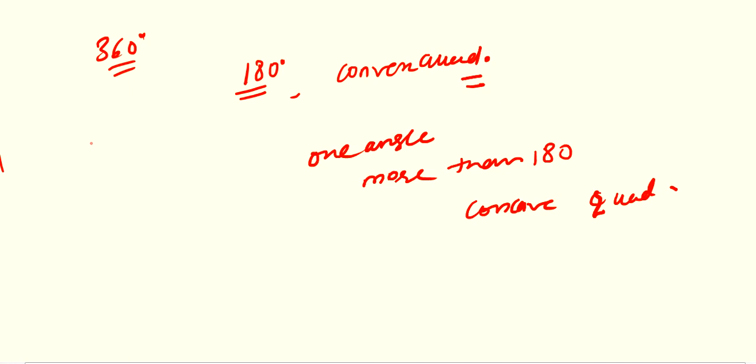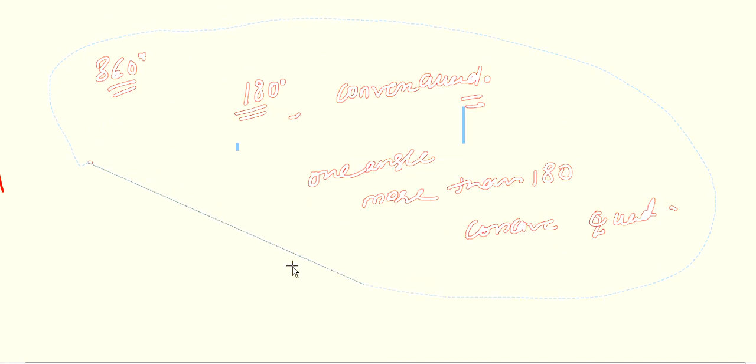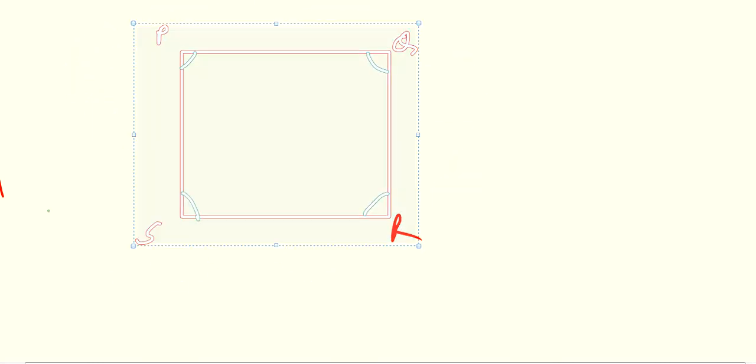Clear? Then interior and exterior of quadrilaterals you know very well. For example, this is your quadrilateral PQRS. So four angles we are having here in this diagram: angle P, angle Q, angle R, angle S. Clear? So the introduction part is over.